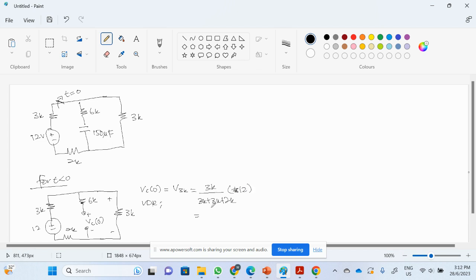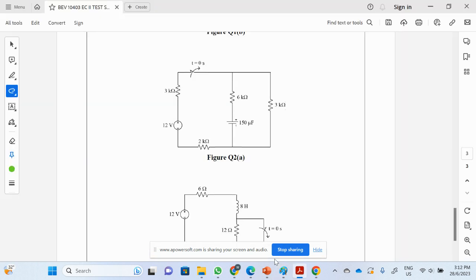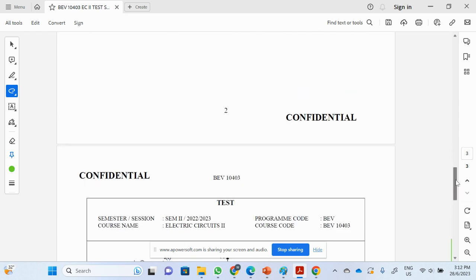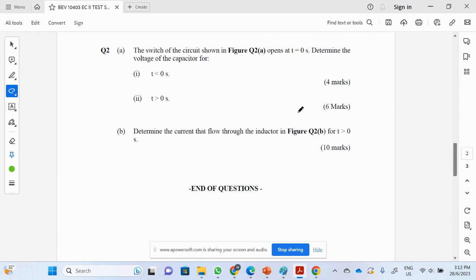So 3/8 times 12. Here you will get 4.5 volt. Straight away, we get it. How many marks was that? 4, right? Sorry, let me check again. 4 marks.